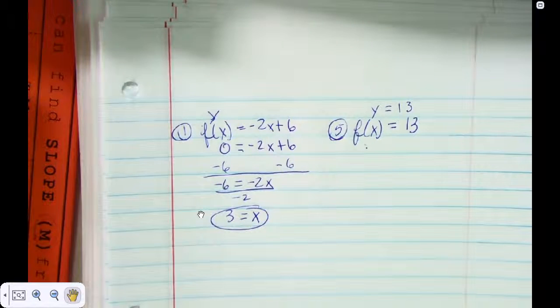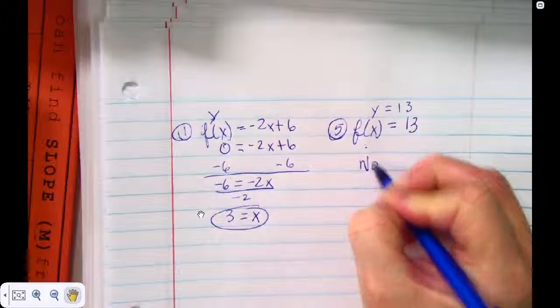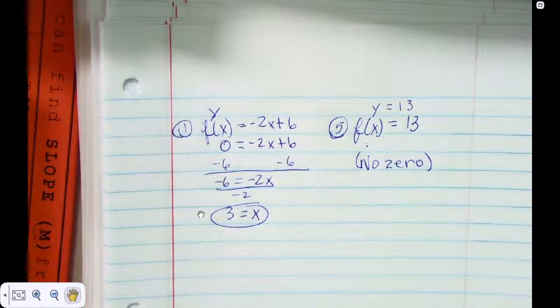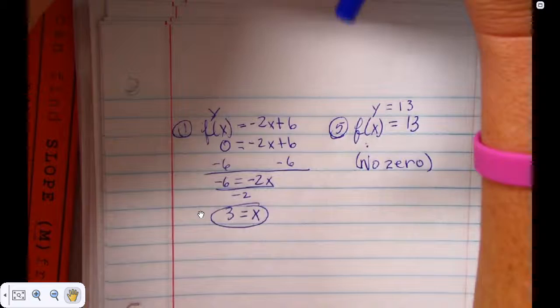So is there going to be an x-intercept? No. It's not going to cross the x-axis at all. So you're going to write no zero. There's no zero, there's no x-intercept because it doesn't cross the x-axis. Does that make sense?